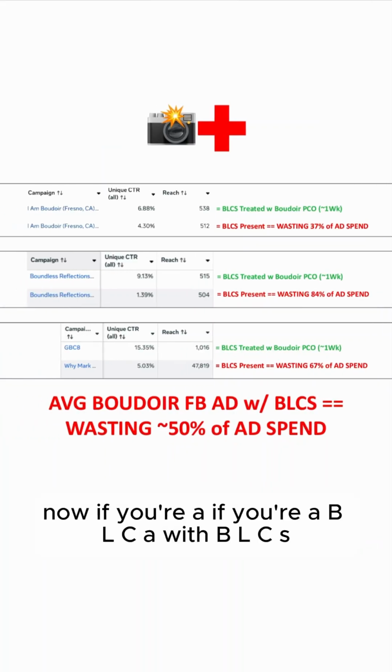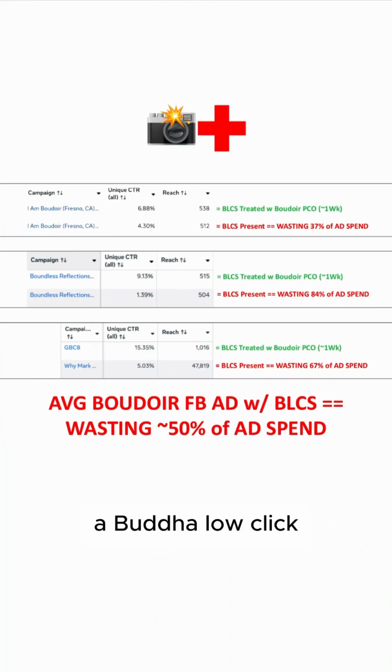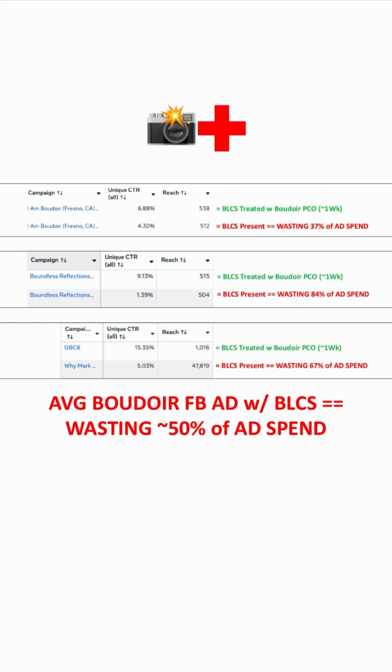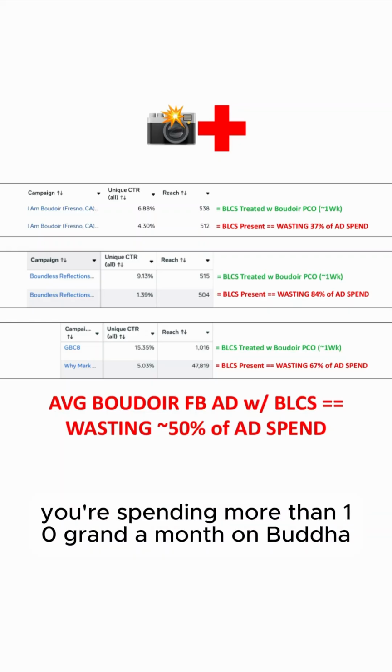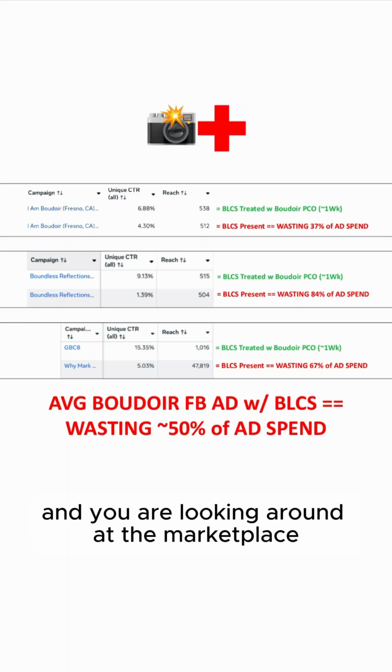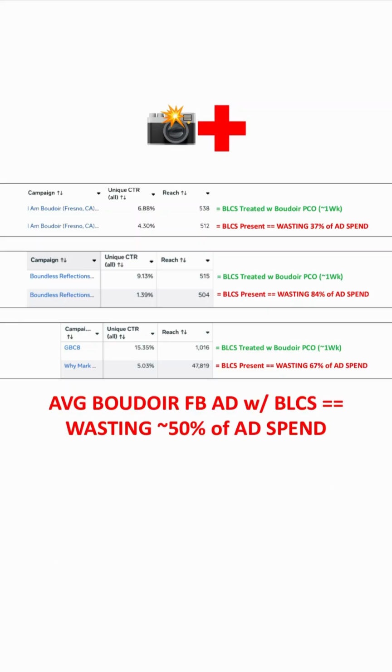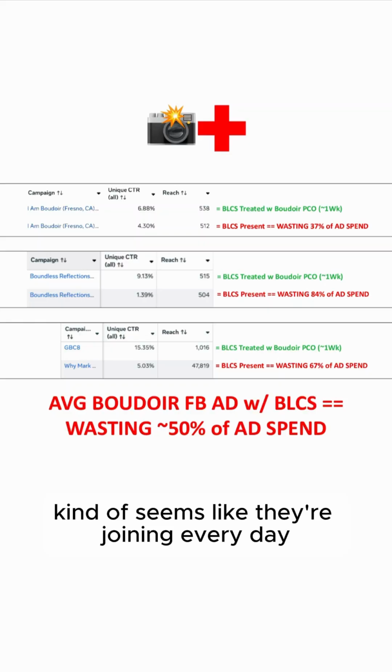All right, now if you're a BLCA with BLCS, a Boudoir low click advertiser with Boudoir low click syndrome, and you're spending more than 10 grand a month on Boudoir Facebook ads, and you are looking around at the marketplace, you're seeing more and more boudoir photographers, and it seems like they're joining every day.